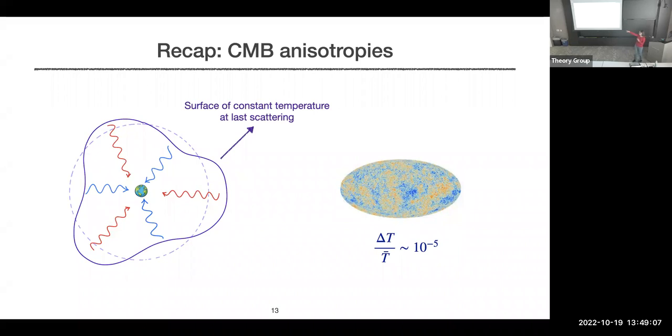So the patches in the direction where the plasma is hotter, this constant temperature surface will be closer to us, and the photons coming from there will not be as redshifted. On the other hand, the patches which are colder will be further from us, and the photons will get more redshifted on the way to us. So it creates these cold and hot spots across the sky. And we know that it looks something like this today, but the temperature anisotropies are very small, at the level of 10 to the power minus 5.